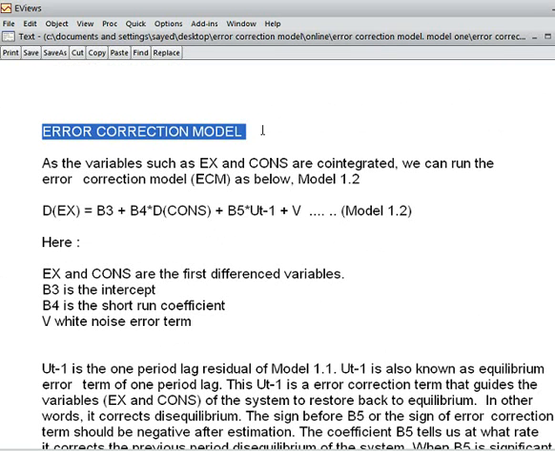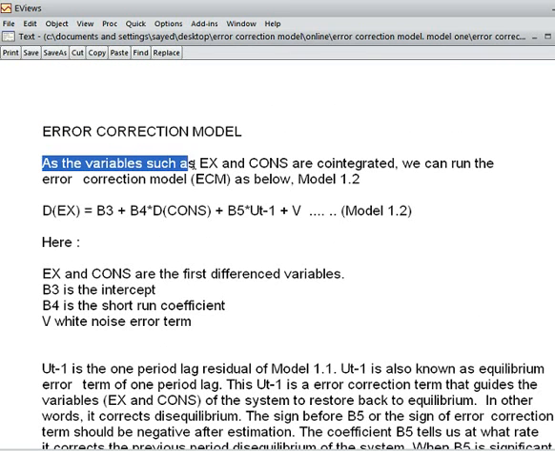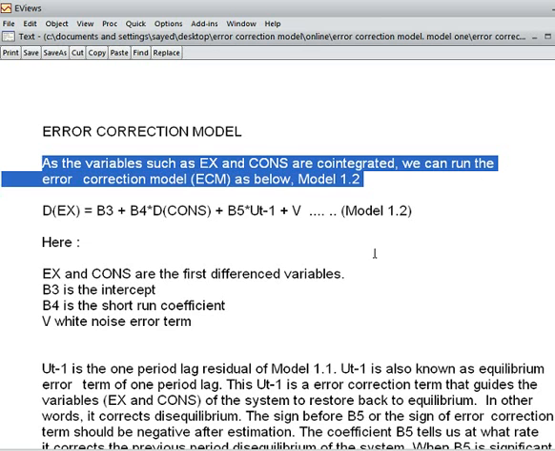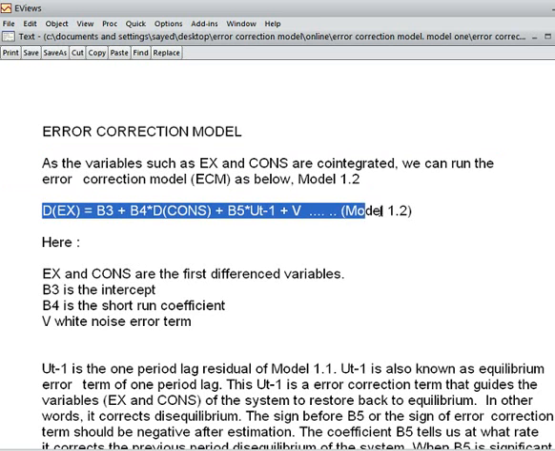We can run the error correction model only when the variables are co-integrated. So as ex and cons are co-integrated, we can run the error correction model as below. This is our model 1.2, and this is the error correction model.